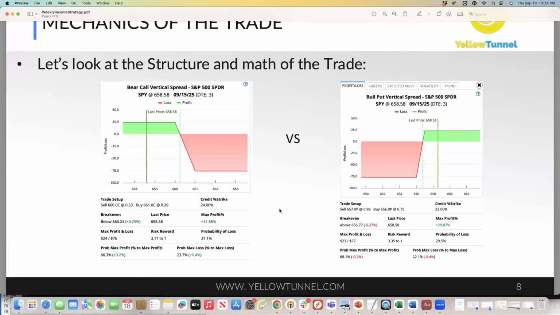If I think there's a 30% chance that this scenario is going to come into effect, and this structure is saying that the probability of loss is 40%, then I may have an edge over the market if my probability analysis disagrees with the market's.